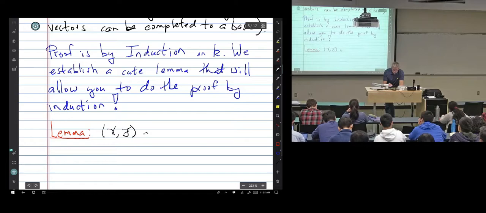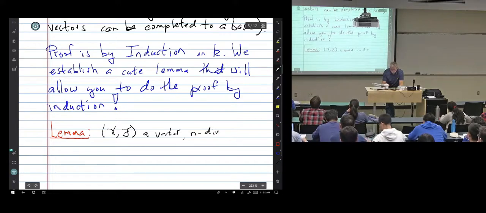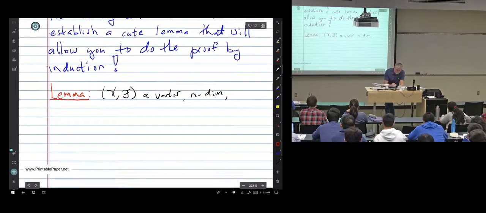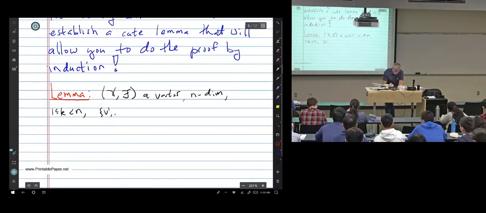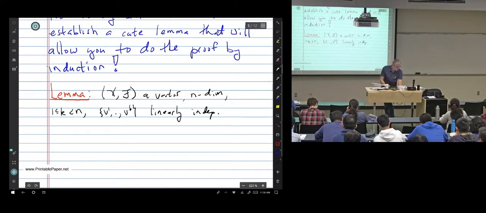X, F, a vector space, n-dimensional. One less than or equal to k, strictly less than n. v1 to vk linearly independent.